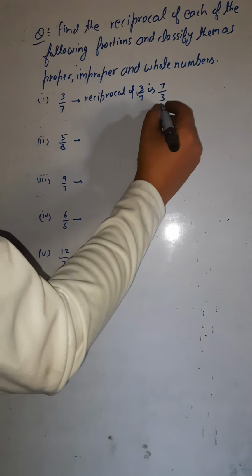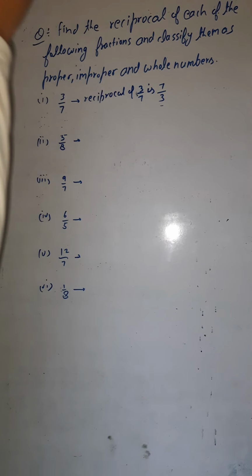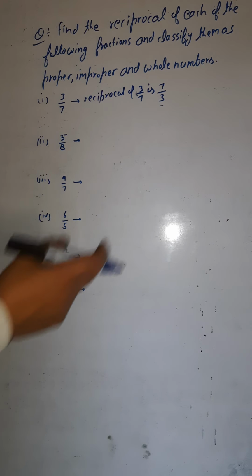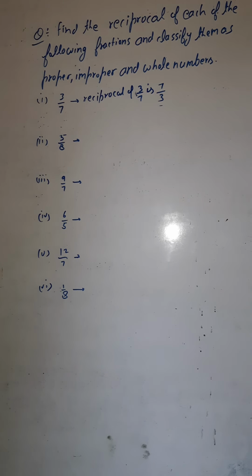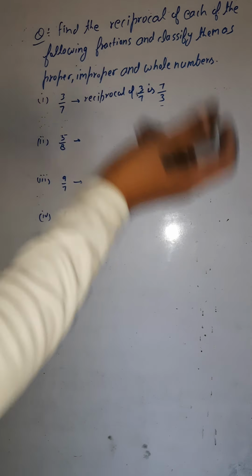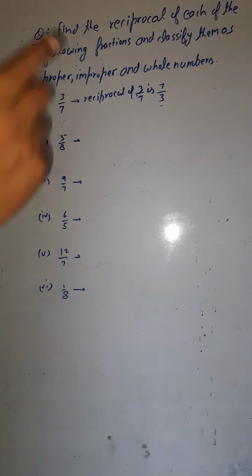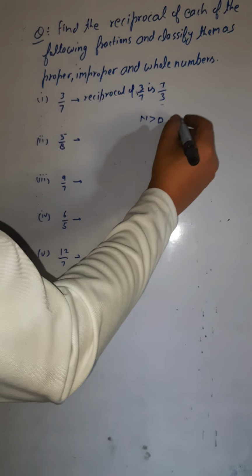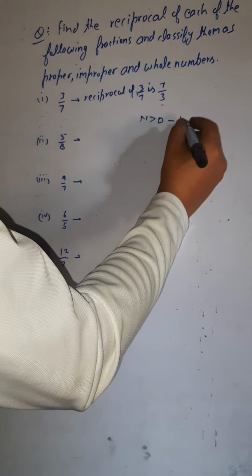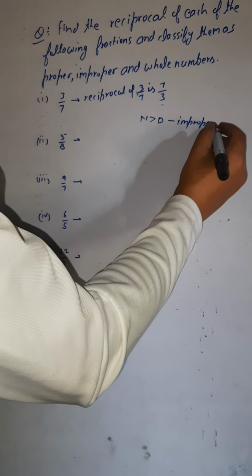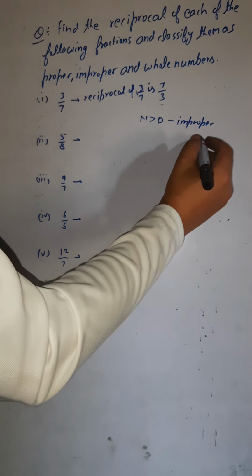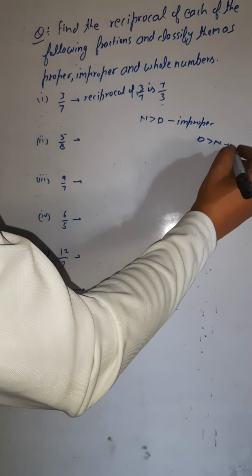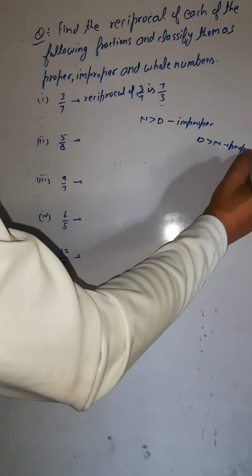Now you have to tell whether this is proper, improper, or a whole number. Improper fraction is a fraction having the numerator greater than the denominator. That you have to remember. If the numerator is greater than the denominator, you call such a fraction improper. If the denominator is greater than the numerator, you call such a fraction a proper fraction.